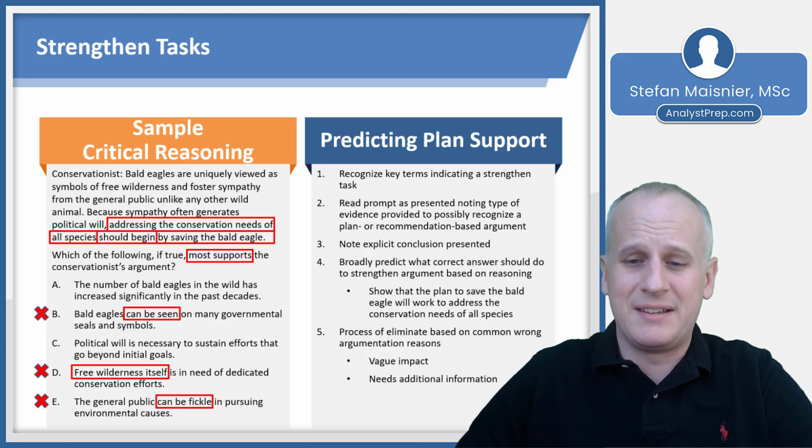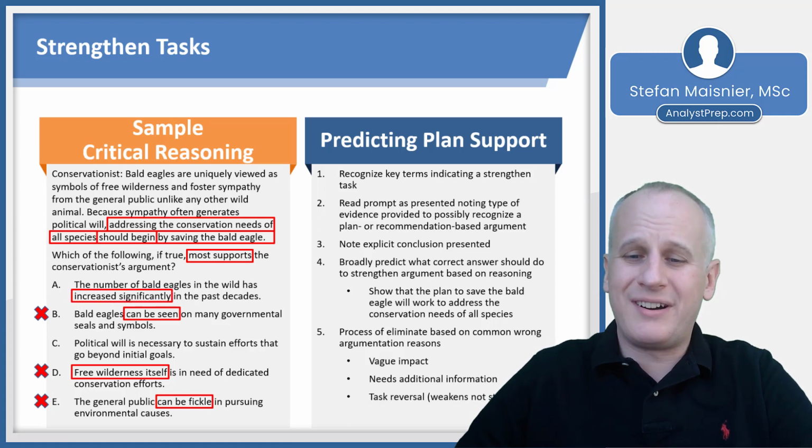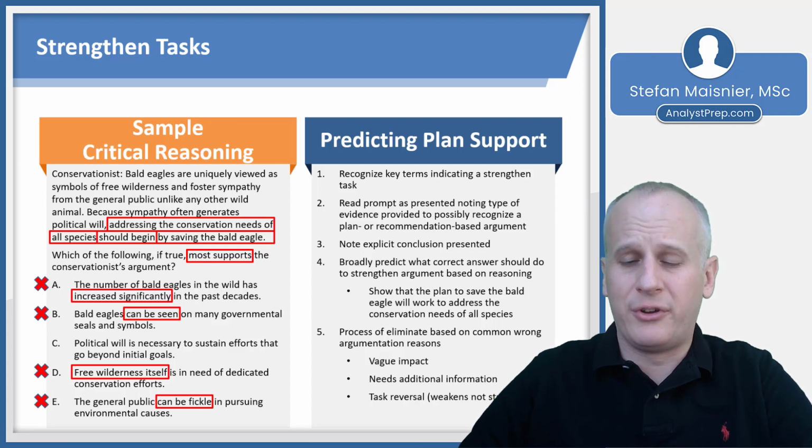But again, that's making some assumptions and probably needs additional information, or it's at worst a weakening style answer choice. And the same thing could be said for choice A. We've got the number of bald eagles in the wild has increased significantly in the past decades. Well, now it seems like we don't need to start with the bald eagle at all.